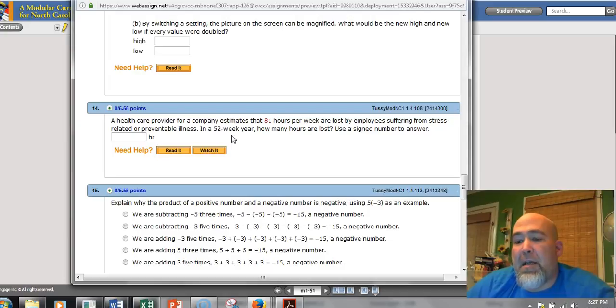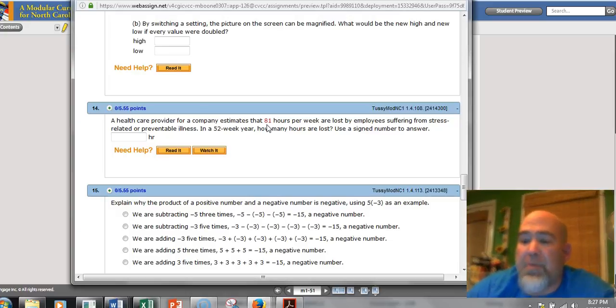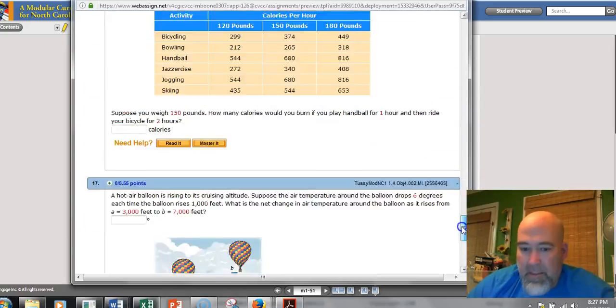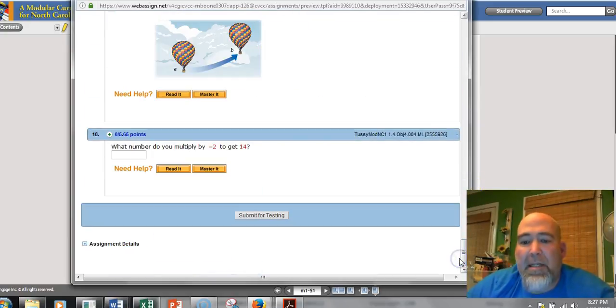And if we're looking at how many hours are lost, we could maybe think of lost being a negative number. But I just think since they've asked us how many are lost, we're just looking for a product of these two positive numbers.